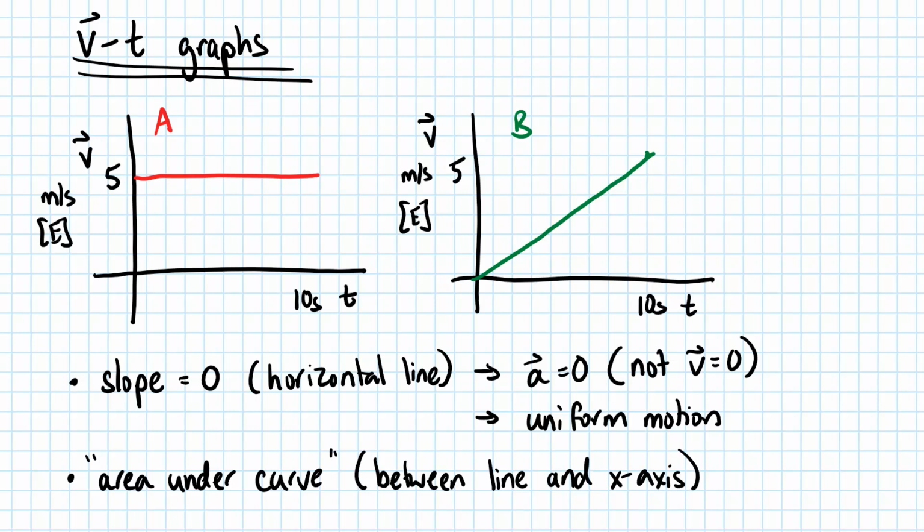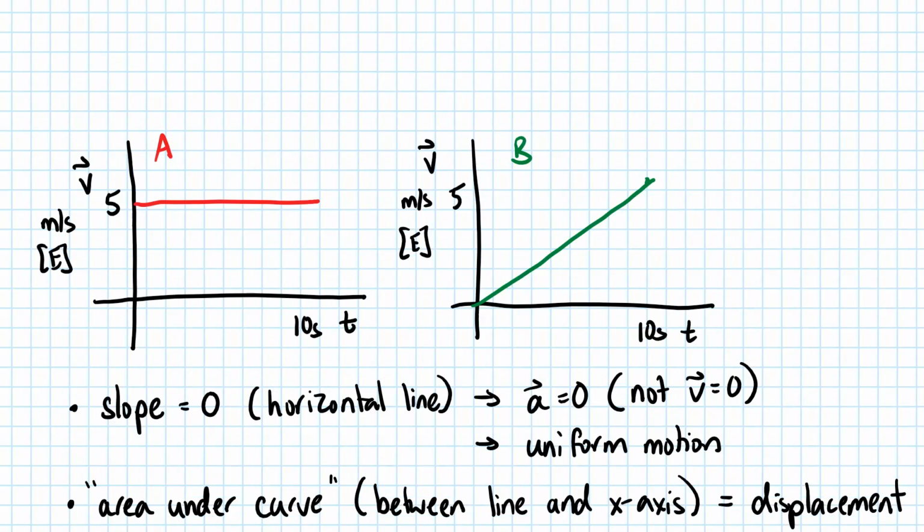The area under the curve equals the displacement of the object. Let's look at graphs A and B, for example. For graph A, if I want to calculate the displacement, it is the area under the curve.